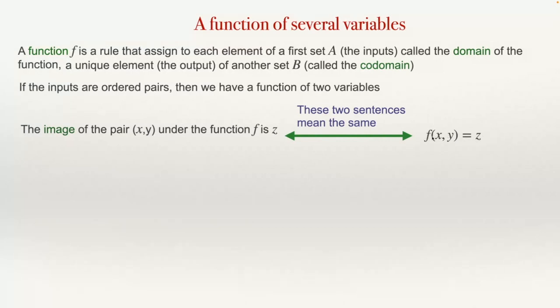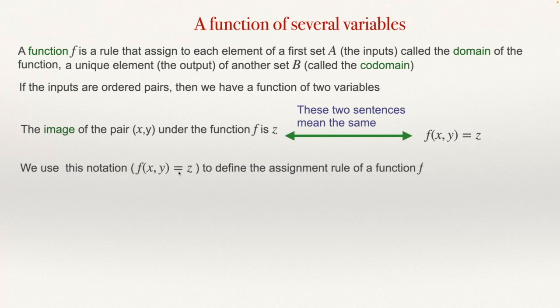In this case, we are going to have f of a pair equals another number z. So here the functions will be about numbers. Obviously, a function could be any other thing. But in this course, we're going to be speaking about pairs of numbers, and the output will be a number. I'm going to say that the pair x, y is the input and z is the output. We are going to use this notation, f of x, y equals z, to define the assignment rule of the function.